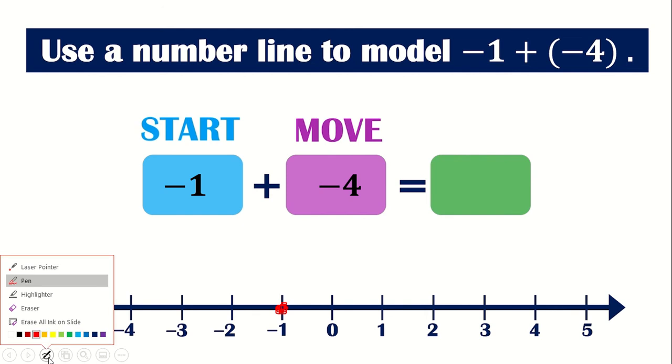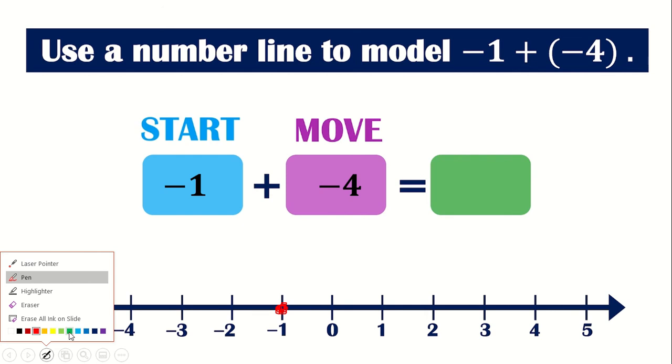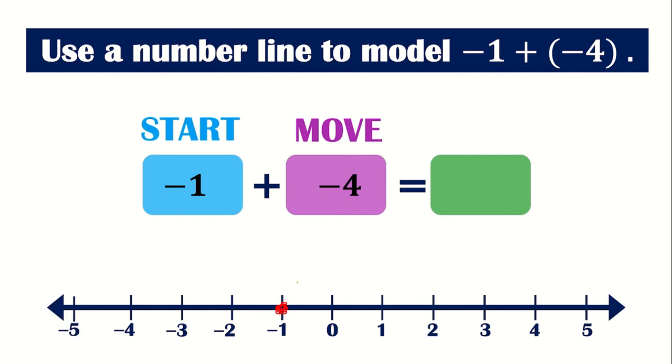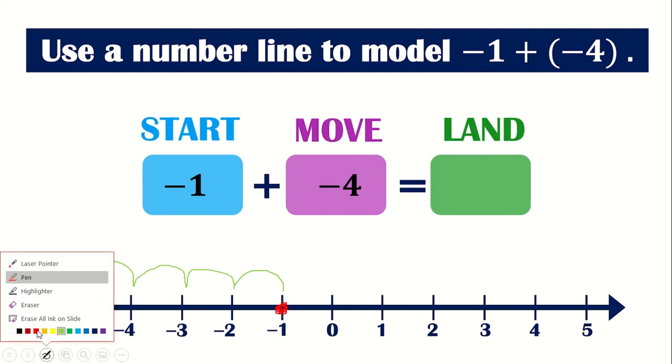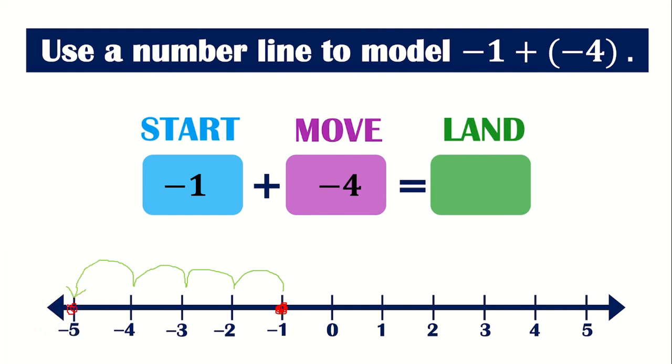And since it's negative, that means that you need to move 4 times going to the left. So negative from -1, that's 1, 2, 3, 4. And finally, you already land on a certain number. And that is -5. So the answer is -5.